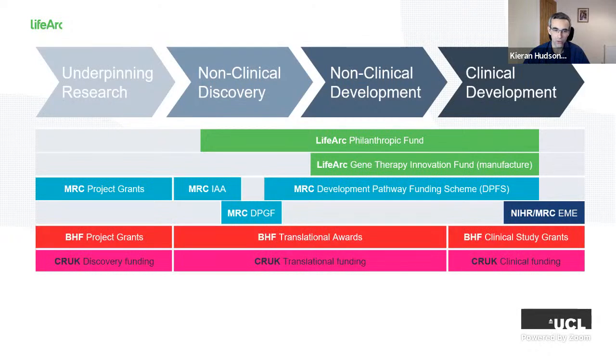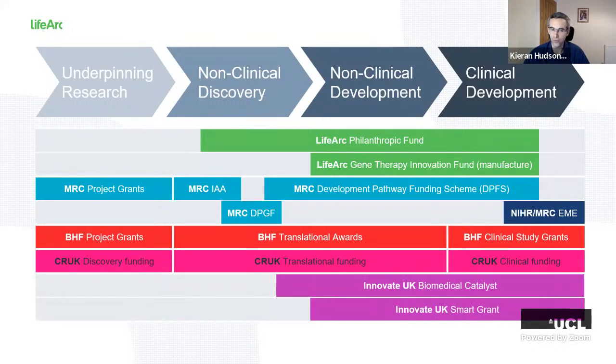There are other sources. Other charities, disease-specific charities, do often have translational funding. I picked out a few larger examples, the British Heart Foundation and Cancer Research UK. If that's the area you're working in, they will probably have translational funding. Smaller charities often do as well, covering non-clinical work and also clinical work.